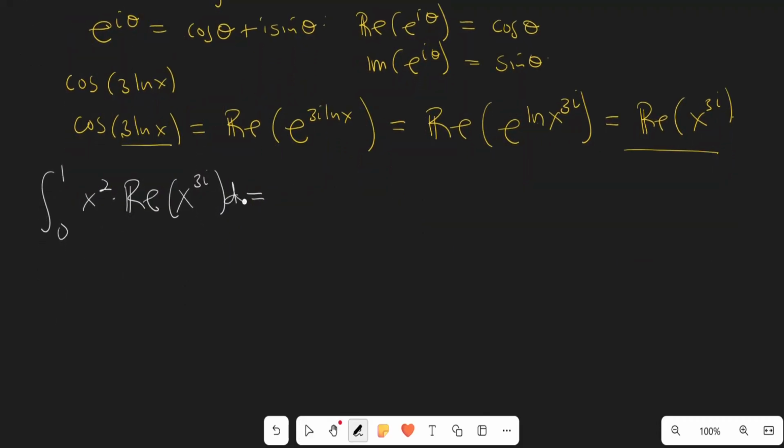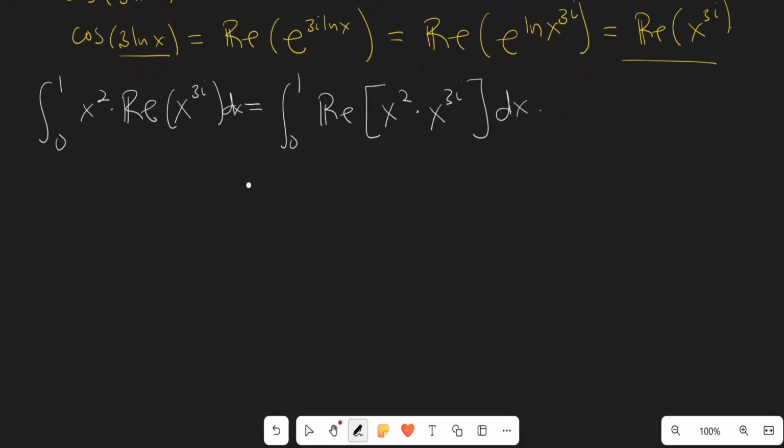dx, sorry about that. So this becomes the integral from 0 to 1 of the real part of x squared multiplied by x to the power 3i dx.